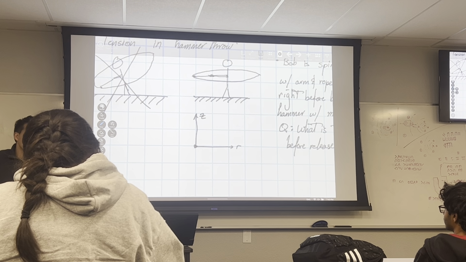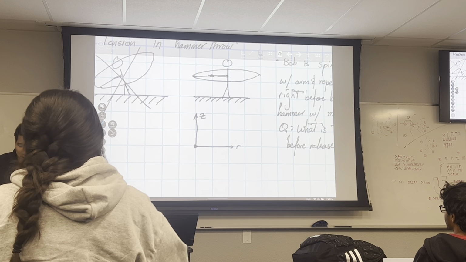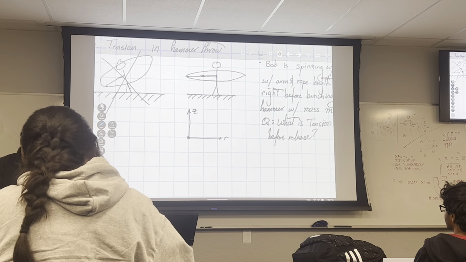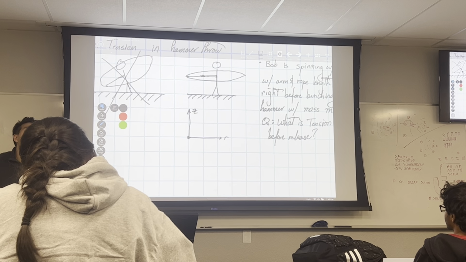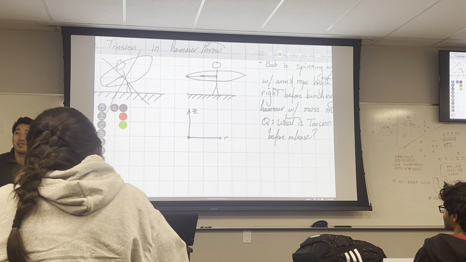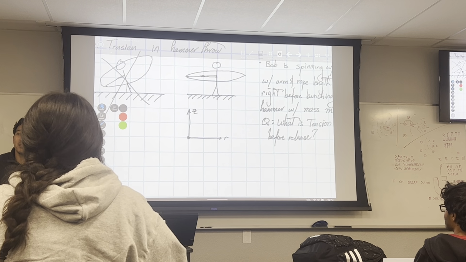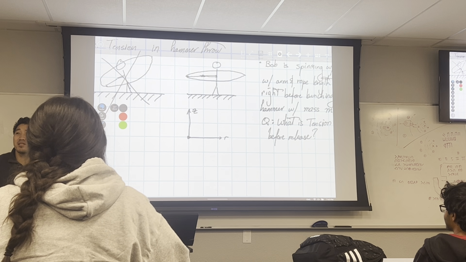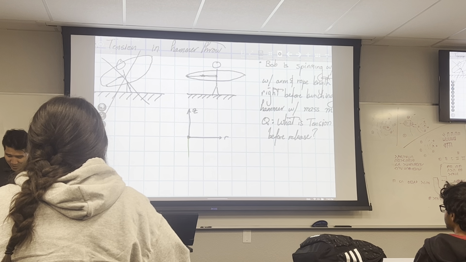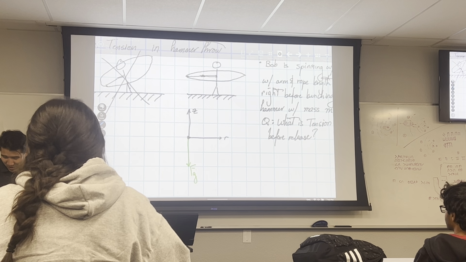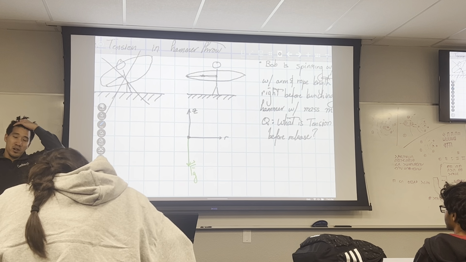What are all the forces acting on the rock? Or, sorry, not the rock, the hammer. Correctly. Which direction? Straight down. Straight down is which direction? Opposite Z. Negative Z is correct, right? Force of gravity. What else? What else do we have?